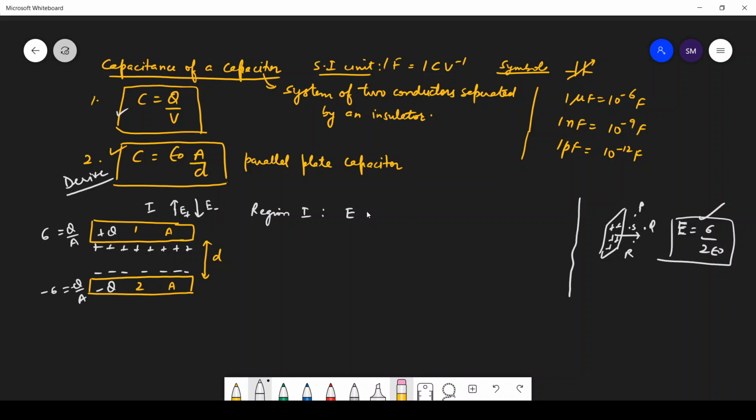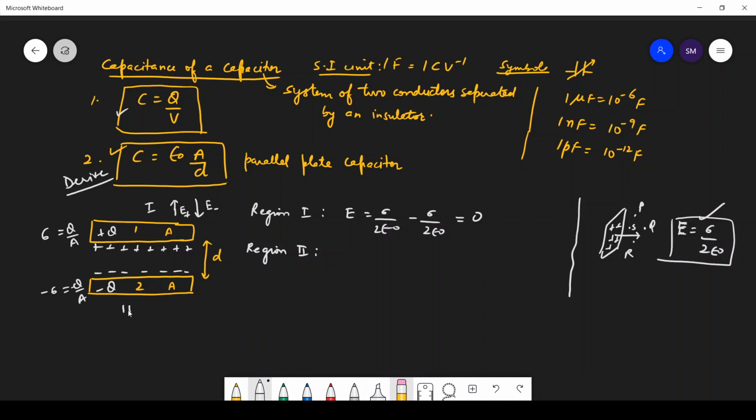So the net electric field in region 1: this sigma by 2 epsilon is due to the positive plate, and this minus sigma by 2 epsilon is due to the negative plate, and they will cancel out each other, and the net electric field in region 1 is 0.